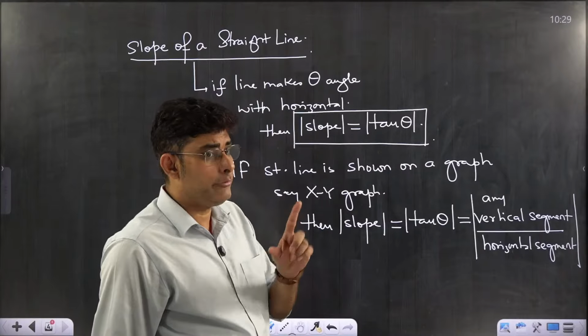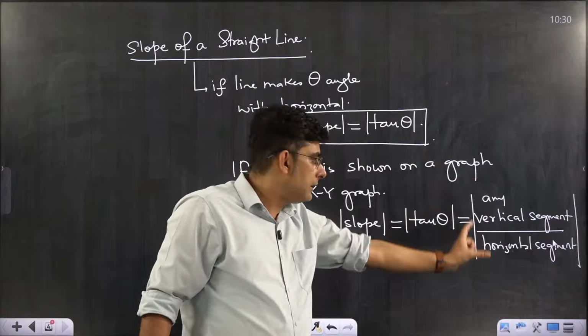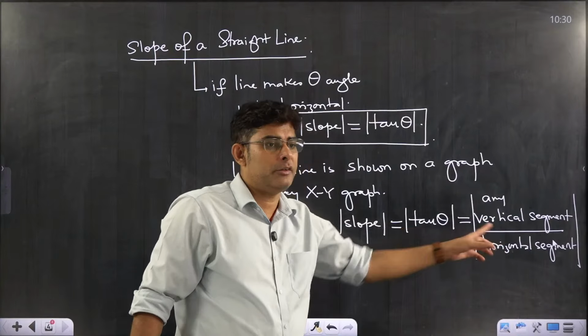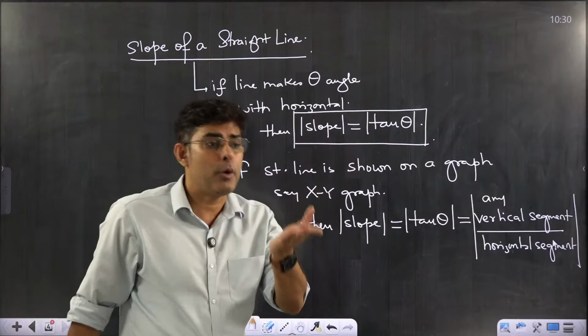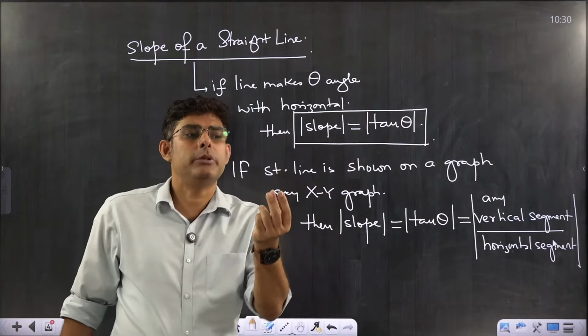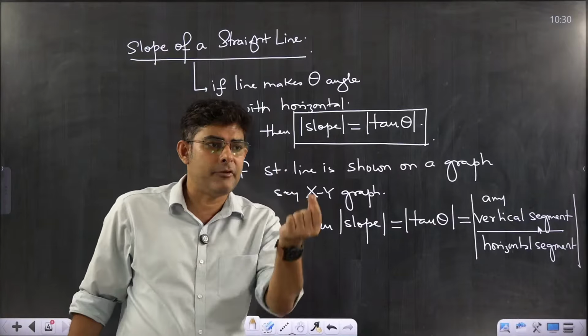But this will give you magnitude. Magnitude is always positive. So whenever we are writing the slope, we write tan theta. So slope will be any vertical segment, any portion. You need not take the entire line. You can take any section, take the vertical length divided by the horizontal length. This will give you magnitude. Now, whether the slope is positive or negative, you can simply use a technique, a very simple technique.